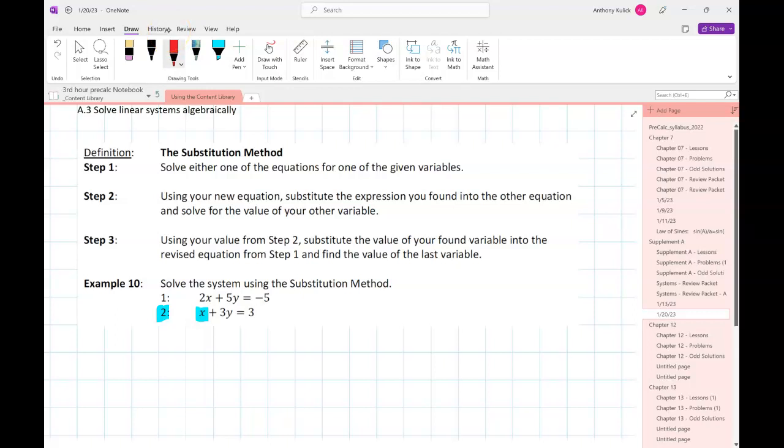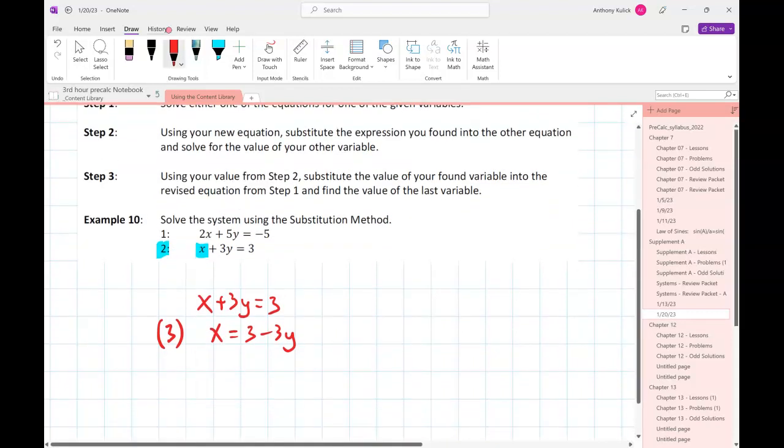And as a result, I'm going to generate no fractions. So to get the x by itself, all I have to do is subtract 3y from both sides. And I'll call that equation 3. Everybody's cool with that?